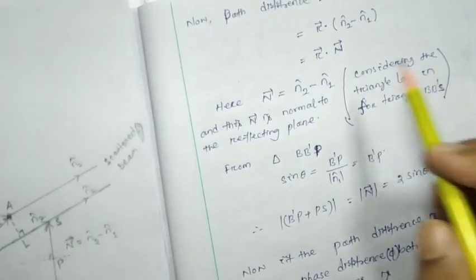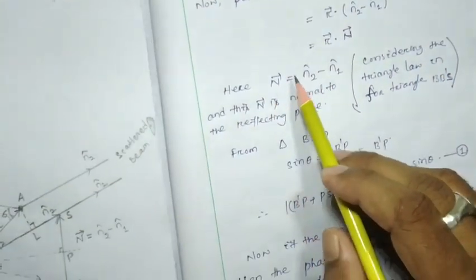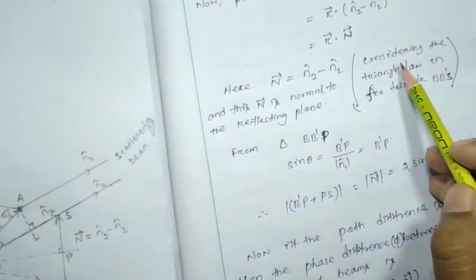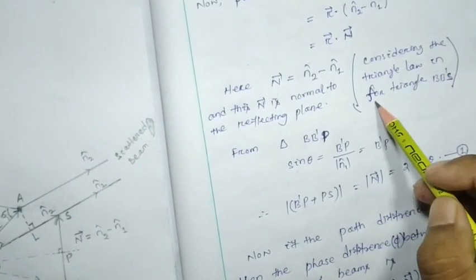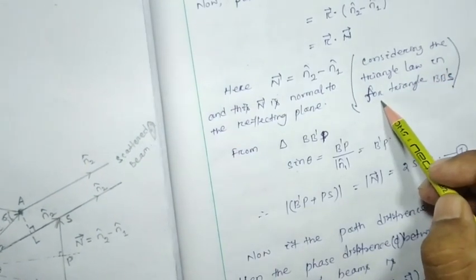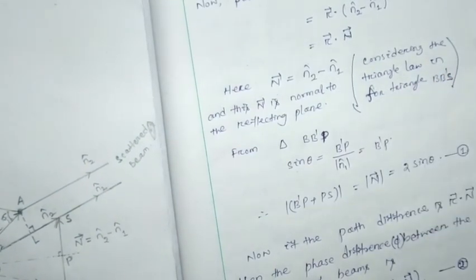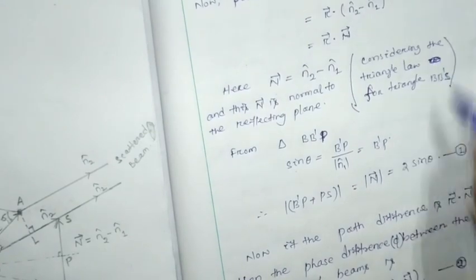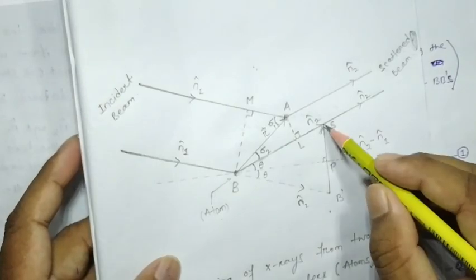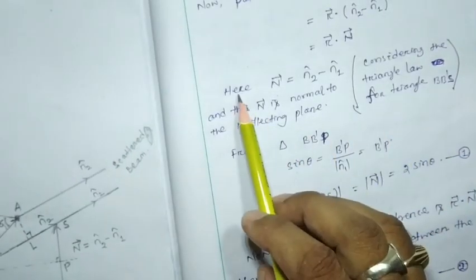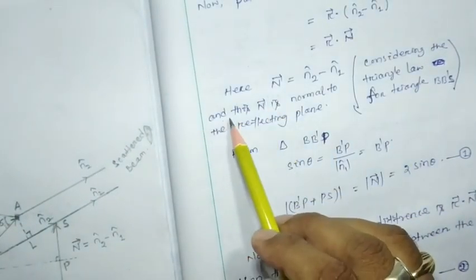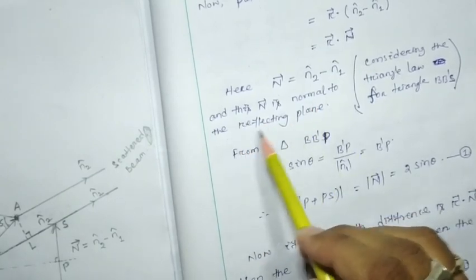Same thing I have written over here: the n vector will be n2 cap minus n1 cap, considering the triangle law for triangle B dash S. Now this n is normal to the reflecting plane.